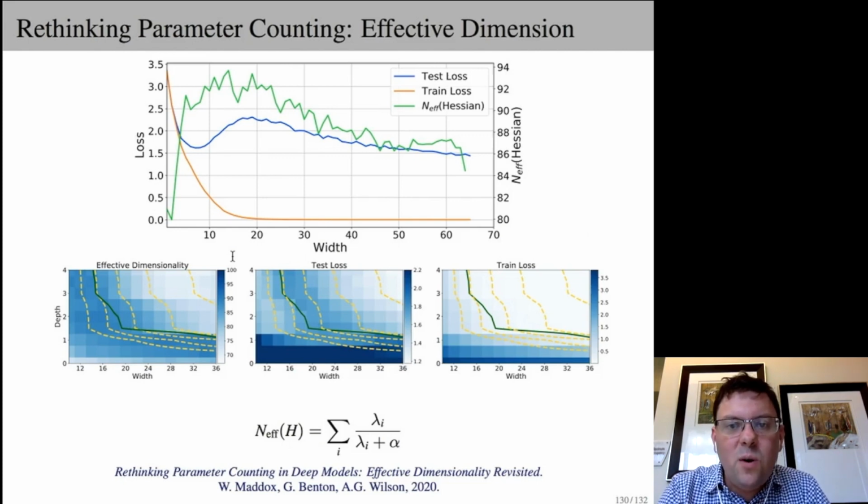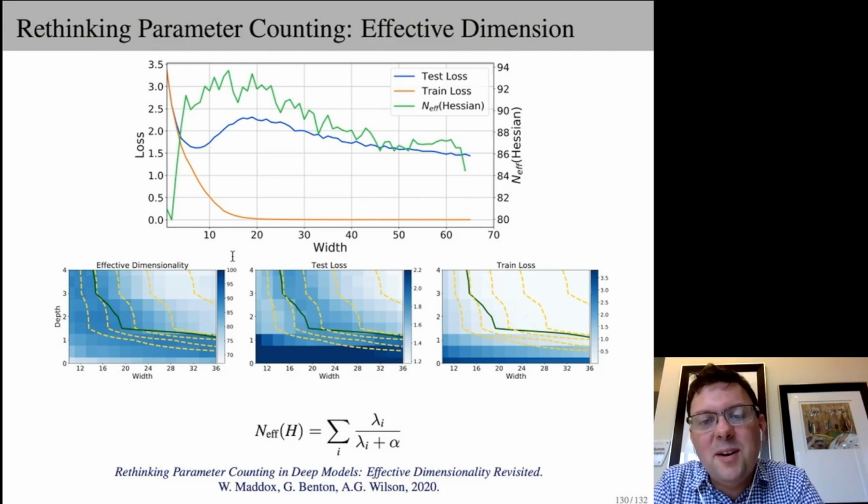When we compute this quantity for ResNets of varying width, we can see that it tracks test loss very closely, as well as test error. In fact, the effective dimension is going down as we increase the size of the models. This suggests that actually we're getting simpler models, even though they have more parameters. We should be very careful not to treat parameter counting as a proxy for model complexity.